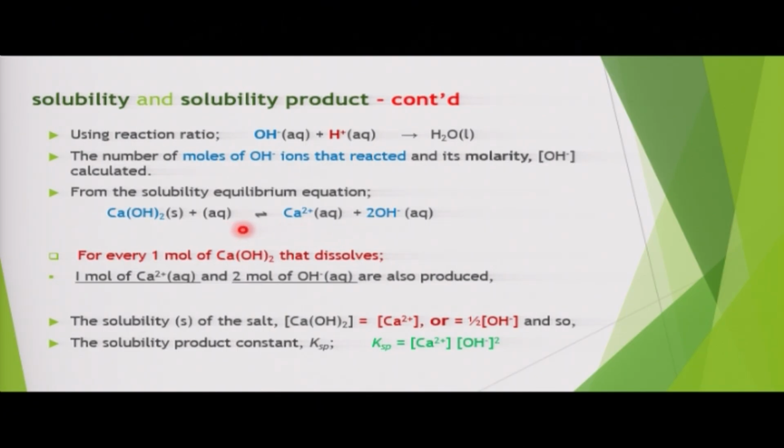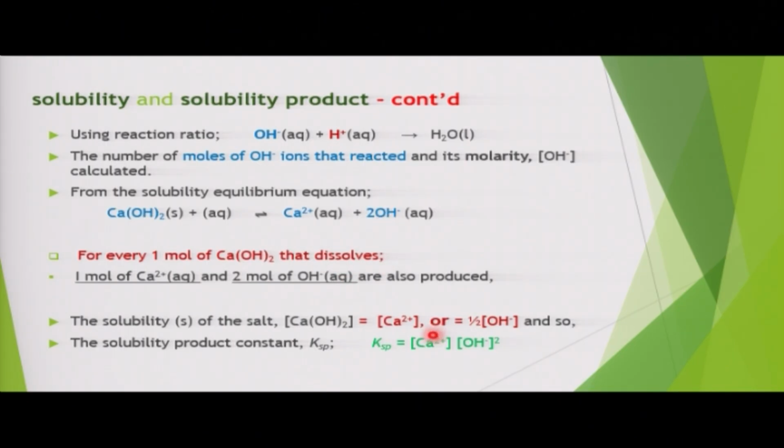As you can see, 1 mole of calcium hydroxide that ionizes gives 1 mole of calcium ions and 2 moles of OH ions, indicating if we know the concentration of OH, we can get the solubility, which is the amount of the ions set free from the sparingly soluble solution into the solution.